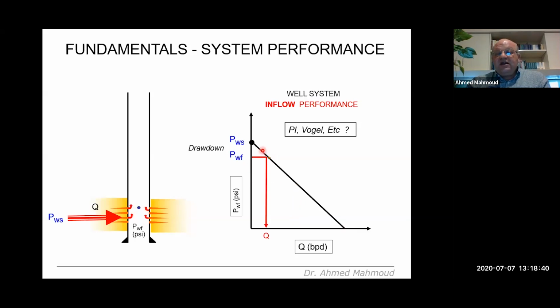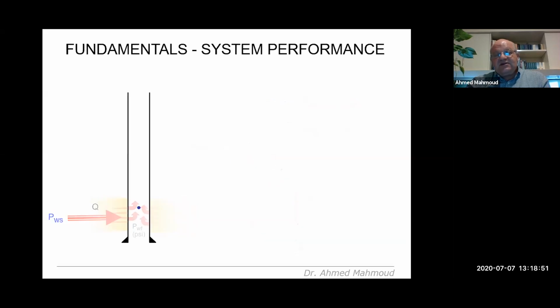So initially when I'm very close to the reservoir pressure, I'll be able to get Q, and as the pressure goes down inside the wellbore, I can still calculate Q. Okay, so that's good. Now, the next thing is how do I get the IPR curve to represent the entire system?